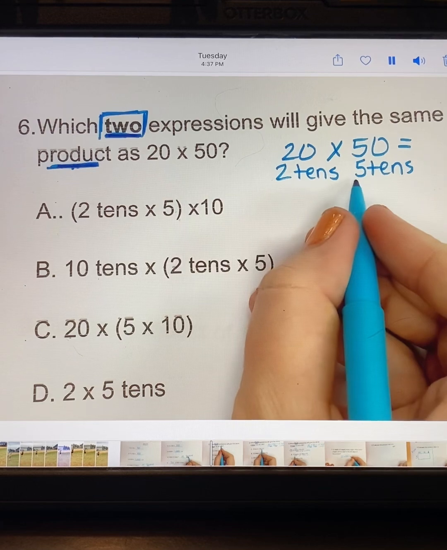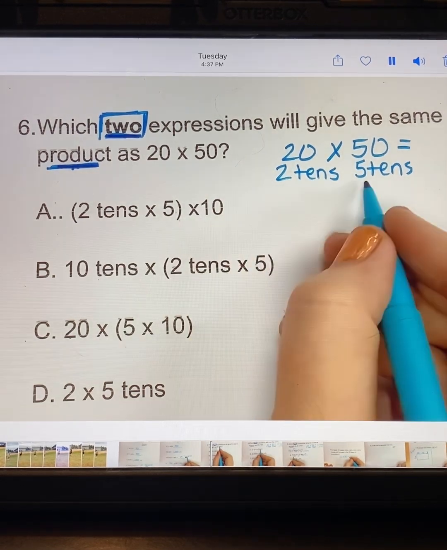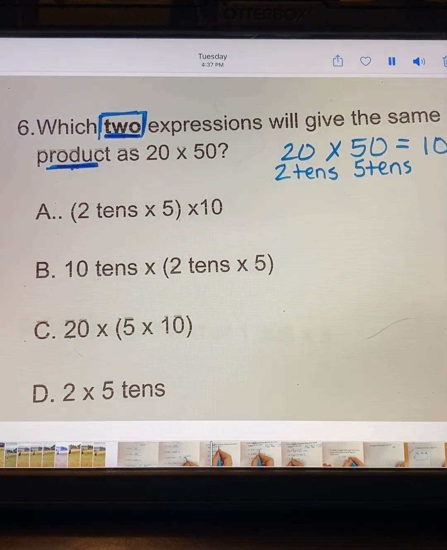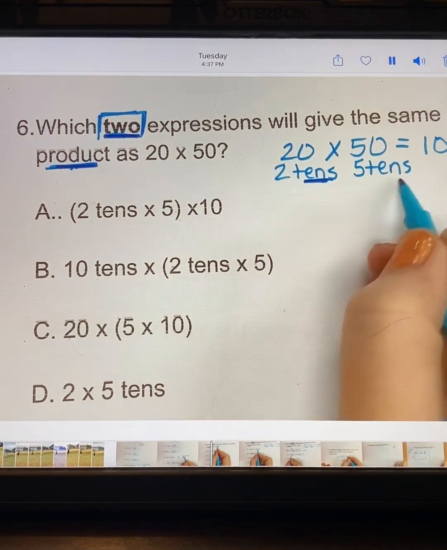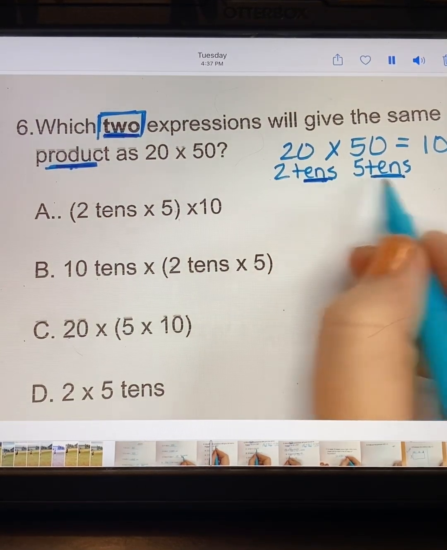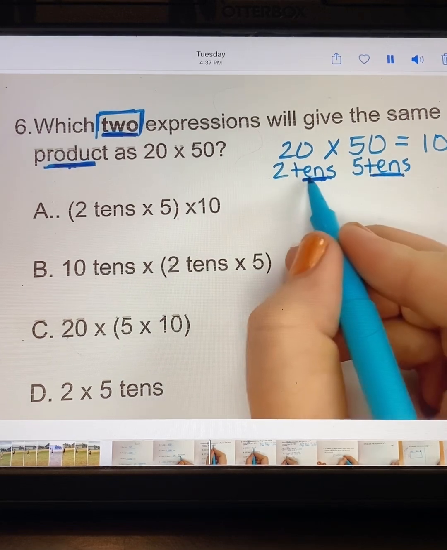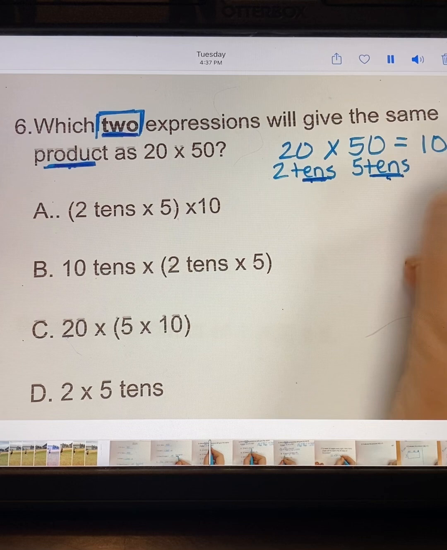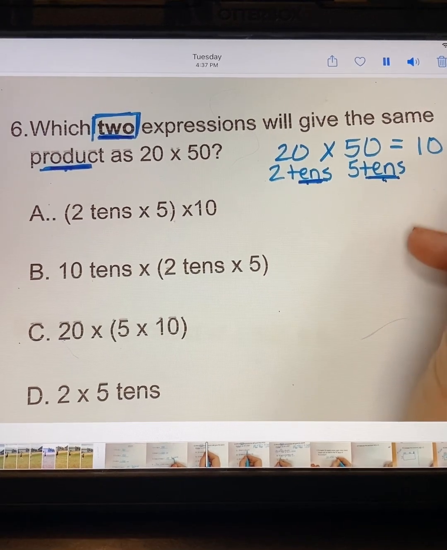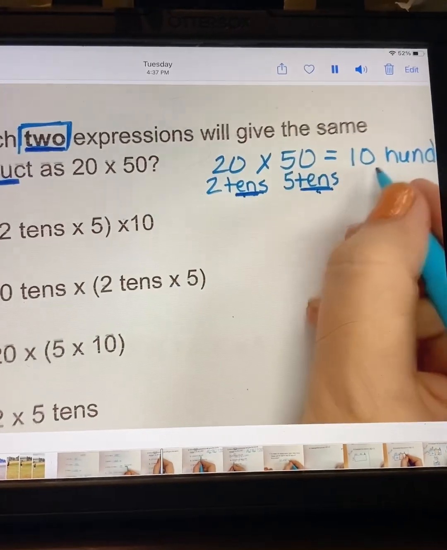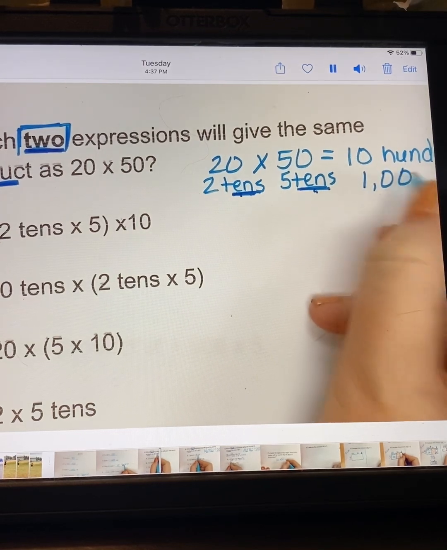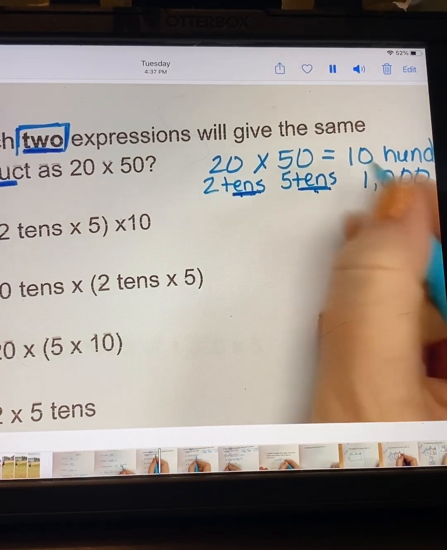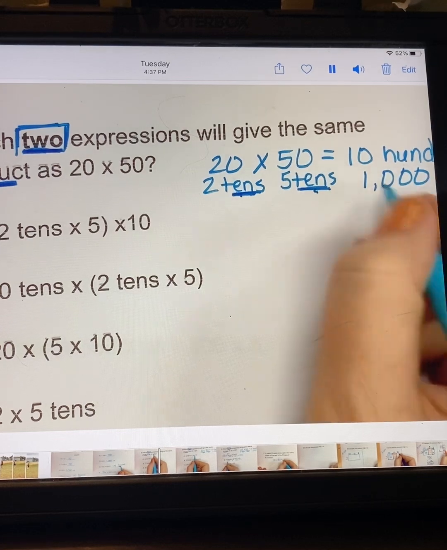Well, 2 tens times 5 tens, 2 times 5 is 10, but we're multiplying tens times tens, so that's going to be hundreds. So when you multiply 10 times 10, that gives you 100, right? So we have 10 hundreds. That would be the same thing as 1,000.